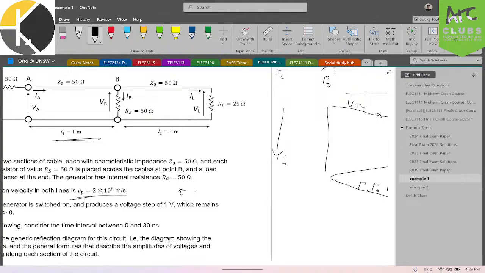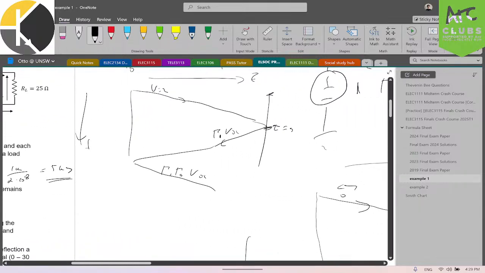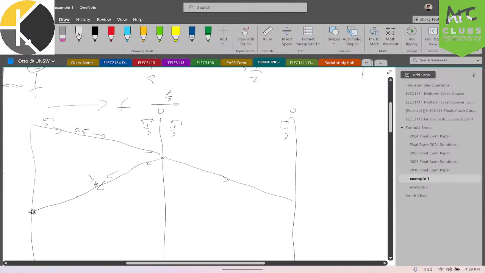So tau is just 1 meter over 2 times 10 to the 8. It is 5 nanoseconds, right? So this time is 5 nanoseconds, and this is 10 nanoseconds.